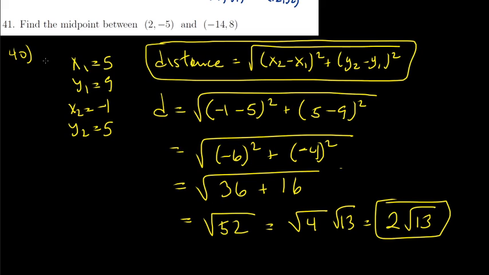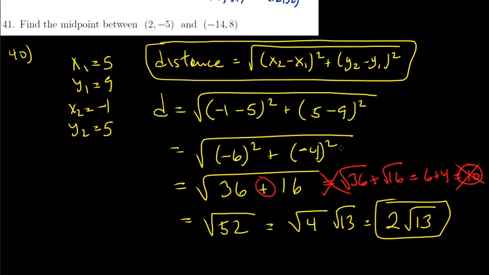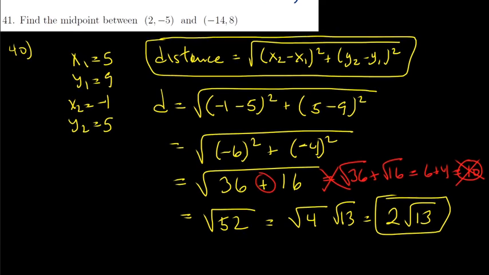Be careful you don't split up the square root again. I know it's very tempting to do square root of 36 plus the square root of 16. That would just be 6 plus 4 is 10, but 10 is the wrong answer. You're not allowed to do that when you're adding or subtracting. You can do it if you're multiplying or dividing, but not when you're adding or subtracting. We've seen that many times already, right?